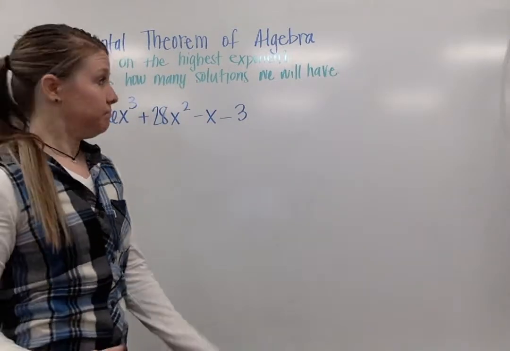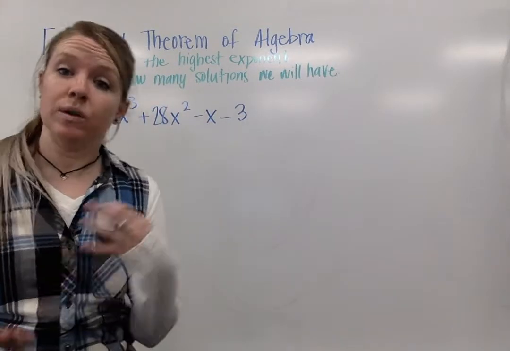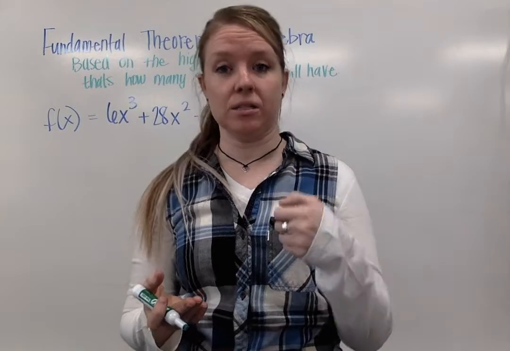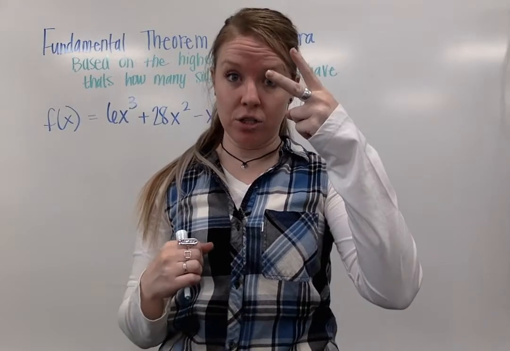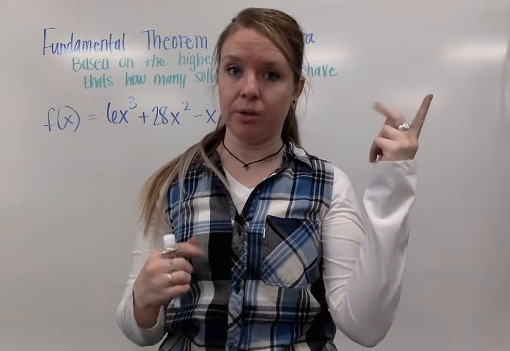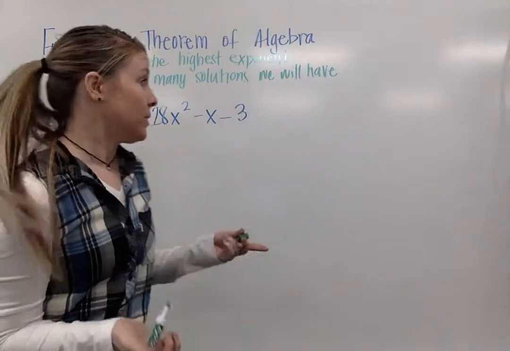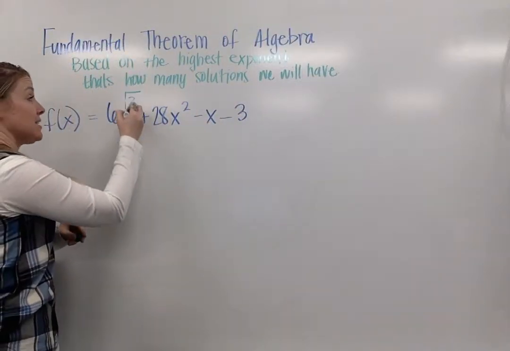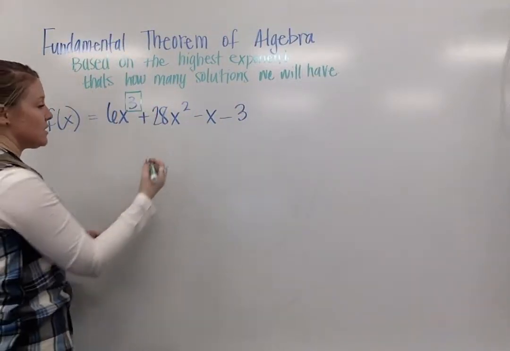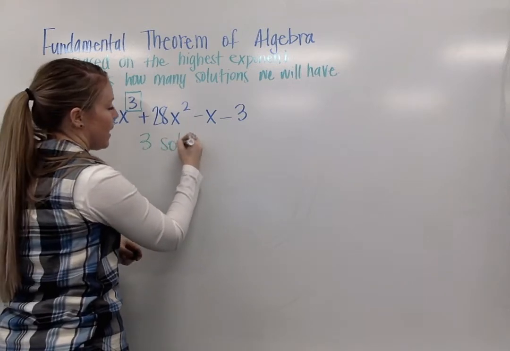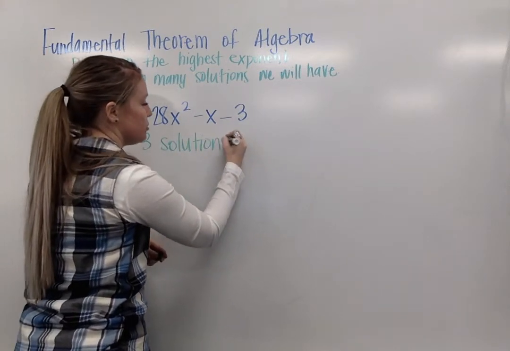Okay? You've seen this in the past. With linear functions, you get one answer. With quadratics, we got two, even if they were repeated roots. We'll talk about that. So here, we have a 6x cubed. That's telling me I am going to have 3 solutions.